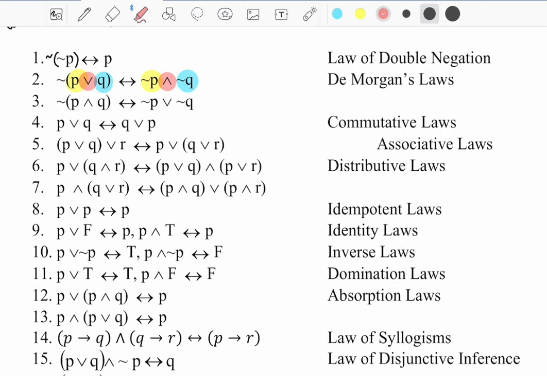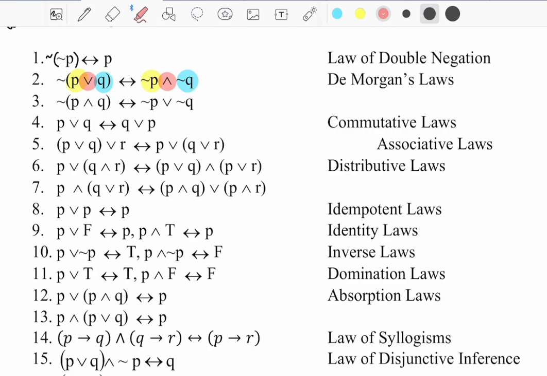We consider ands and ors to be opposites of one another, so we'd basically flip the sign. And that's the same case the other way around. If you started off with an and, then it would become an or.